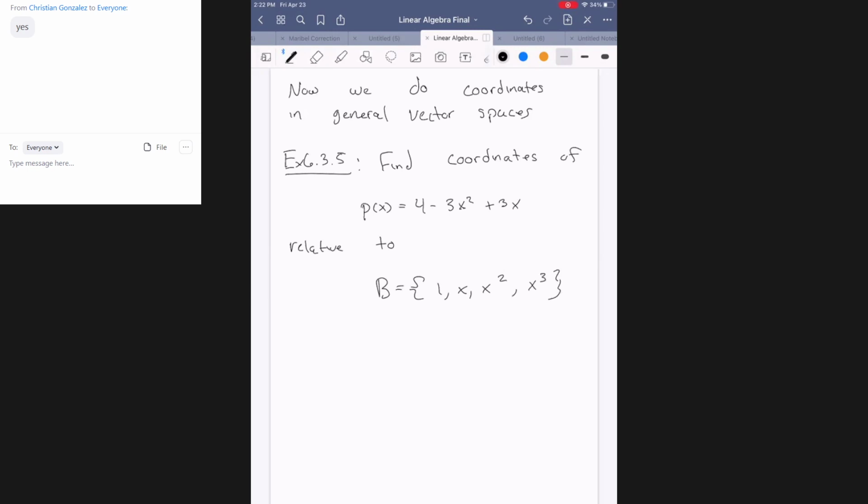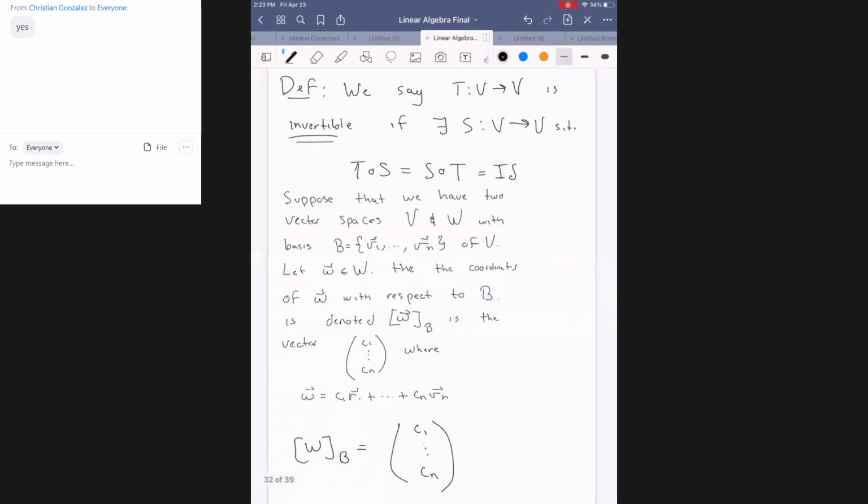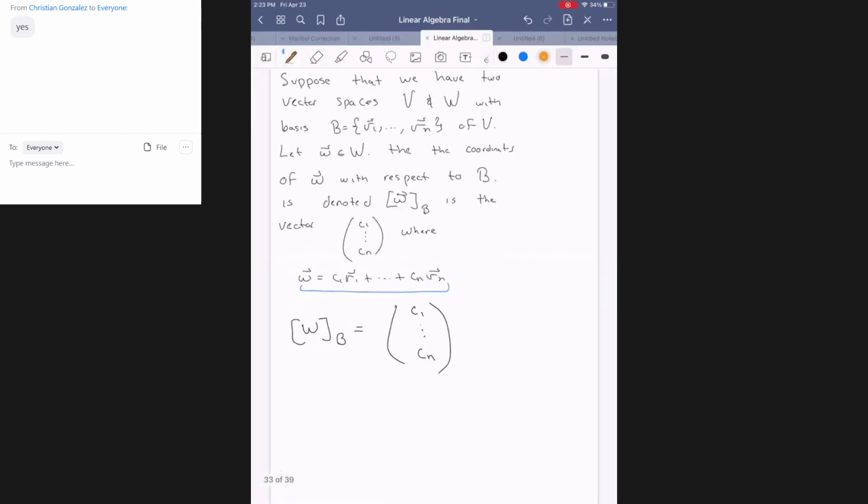It's the same way. Remember, the definition wasn't constrained to vector spaces in Rn. It works in general. So I just apply the definition, the one right here.